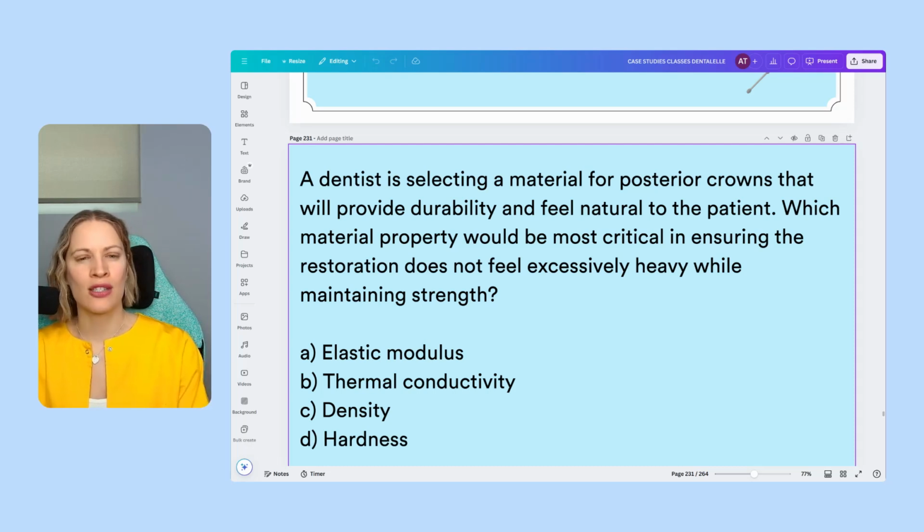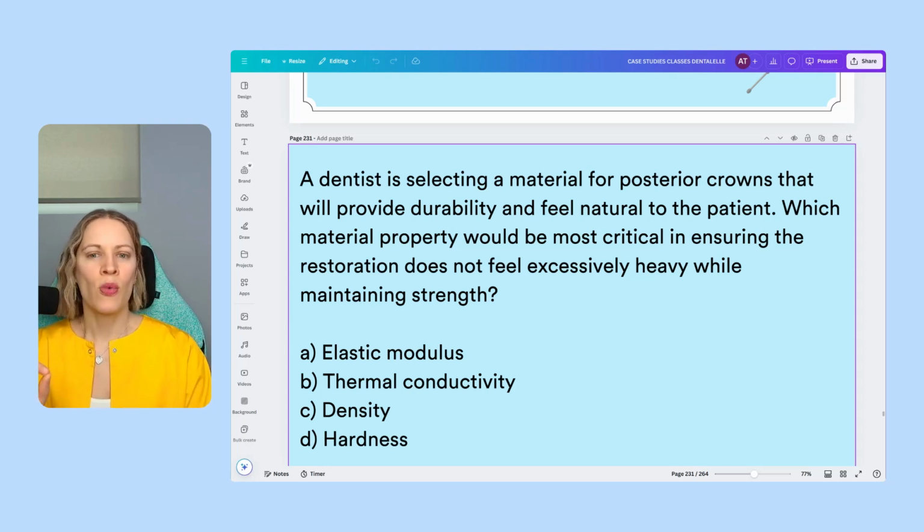Which material property makes sure the crown doesn't feel too heavy but is also very strong? Typically, when something's stronger, it's heavier, so you have to be careful. You have to look at strength, but also appearance and how it's going to last inside the mouth.